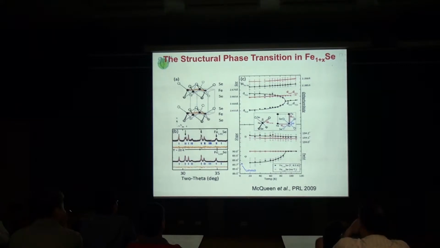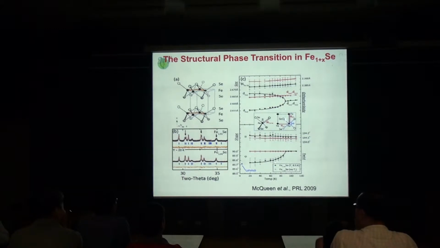The change is very small, but at 1.01, which is superconducting, you see this plot of the lattice parameter: there is a distortion at low temperature, below 100 Kelvin. But for the 1.03 sample, which is non-superconducting, you don't see that kind of distortion.